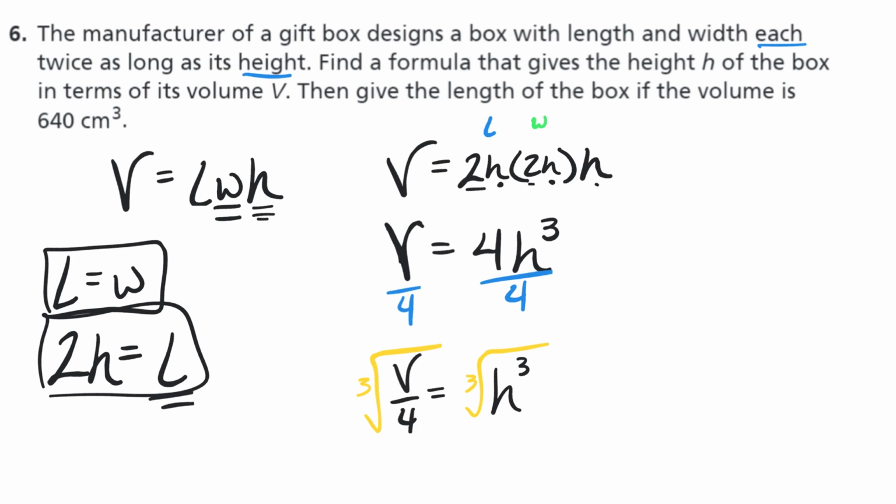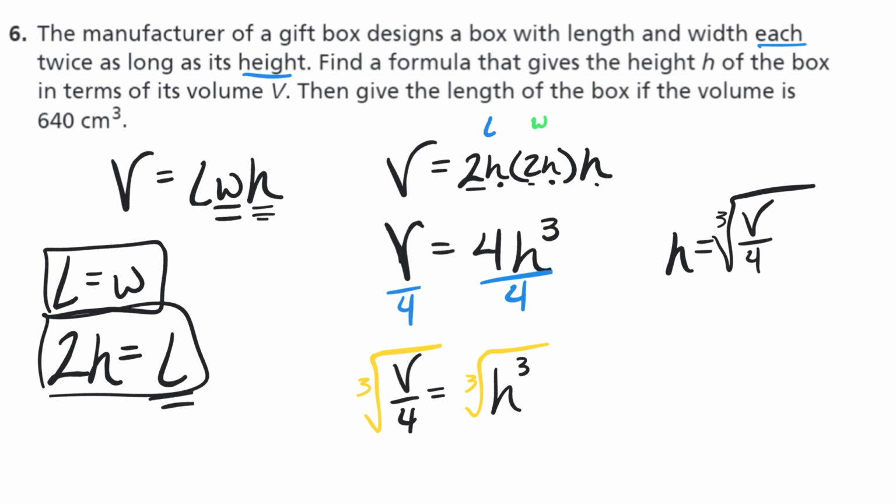So what we've learned is solved in terms of h. Well, h equals whatever the volume is divided by 4, and then we take the cube root of that value. So the next part tells us what the volume is.